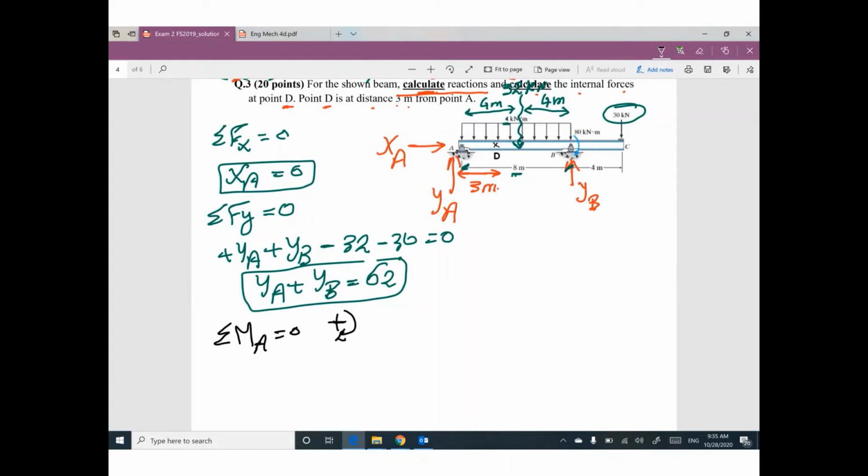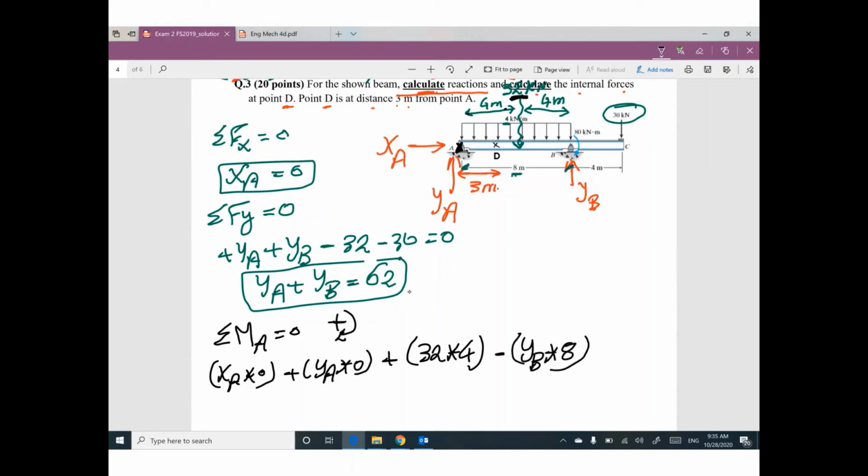If you take moment at A, XA times 0, YA times 0, we don't have distance. 32, the equivalent force for the distributed load, times 4, minus YB times 8 plus 80 without distance plus 30 times 12 equals 0.